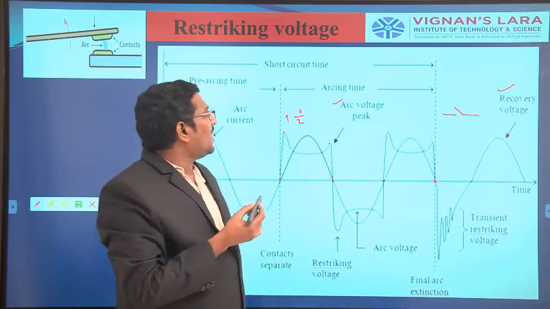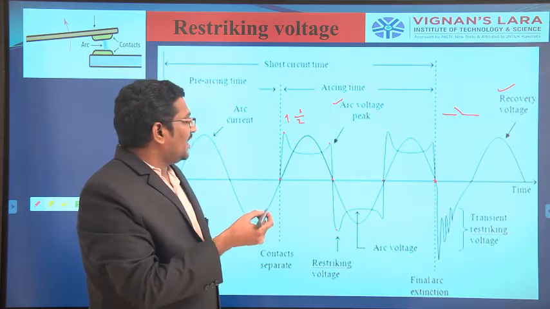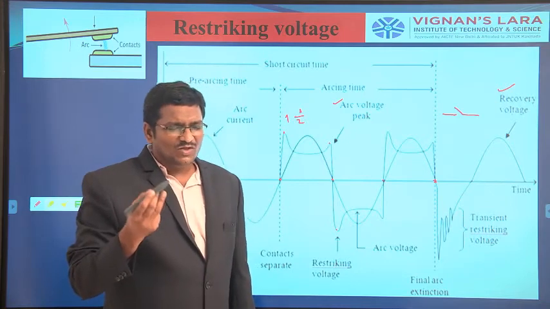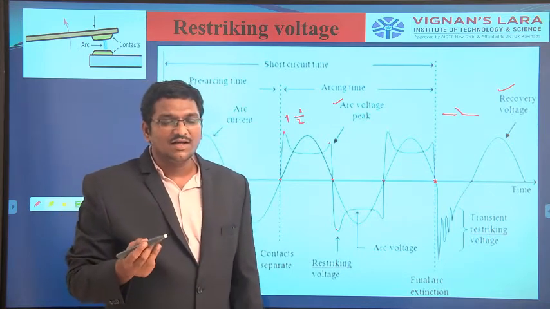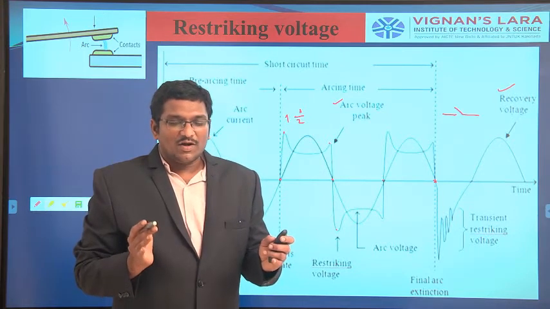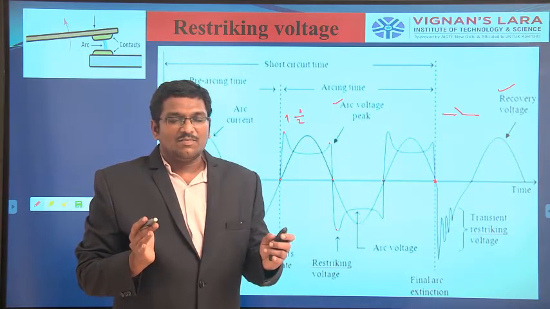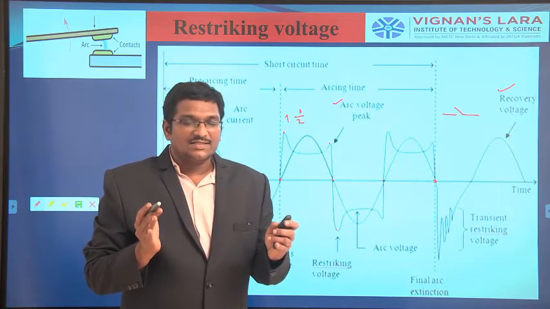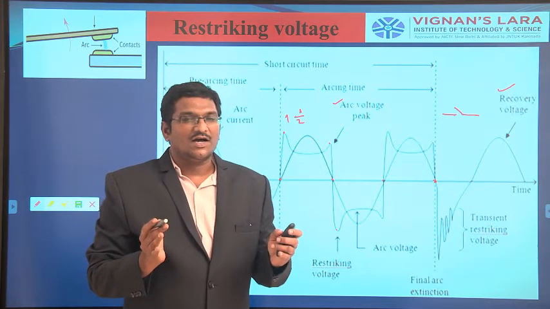Let me once again revise these three points. First one is arc voltage. To define arc voltage, an arc should be there between the fixed contact and moving contact. The voltage that appears across the circuit breaker contacts when the arc exists between them is the arc voltage.